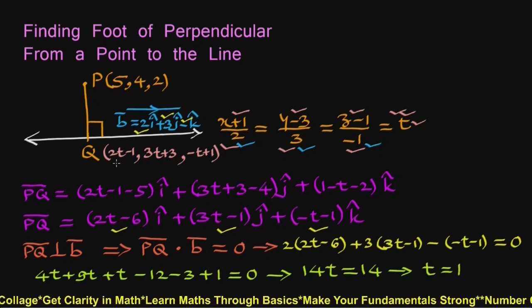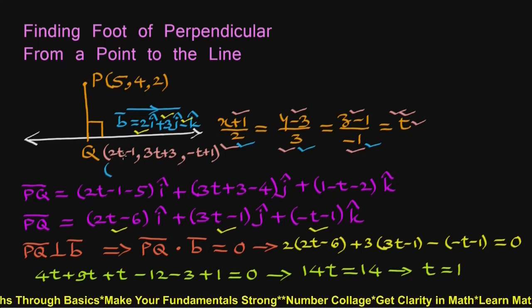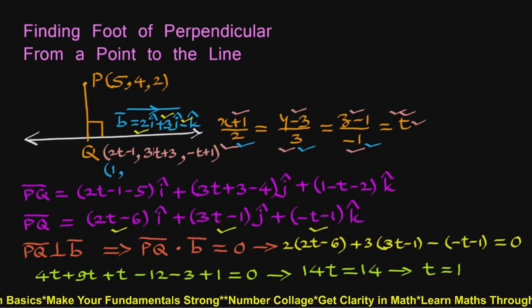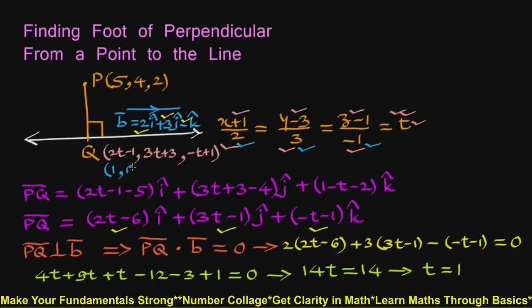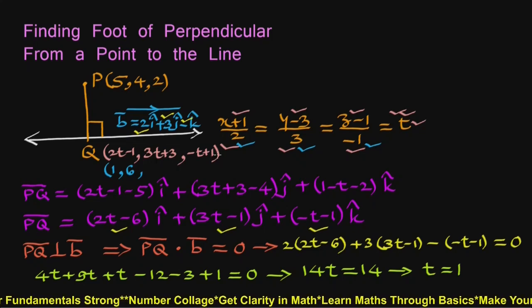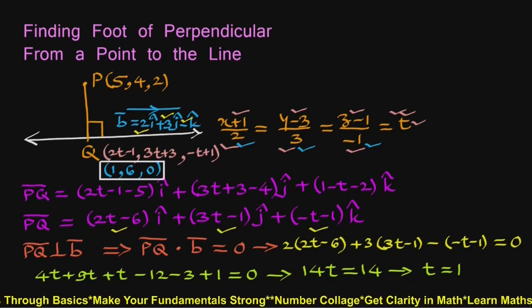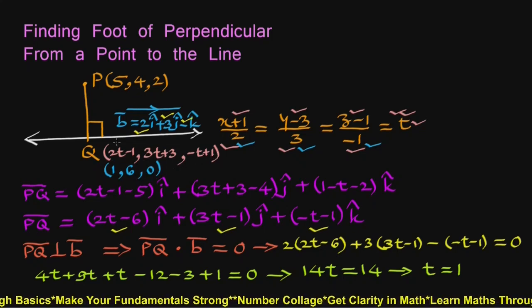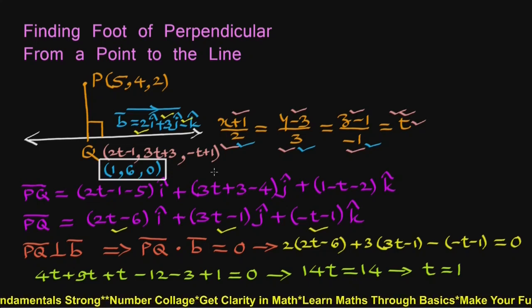Therefore, coordinates of point Q will be 2 into 1 minus 1, 1, 3 into 1 plus 3, 6, minus 1 plus 1, 0. So, the foot of the perpendicular Q is (1, 6, 0).